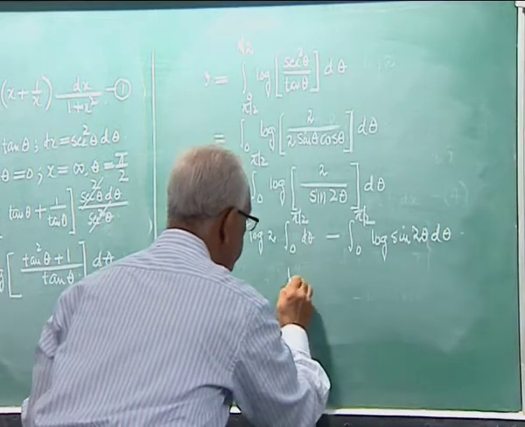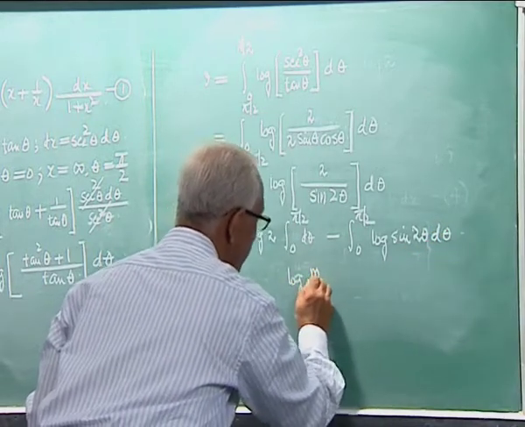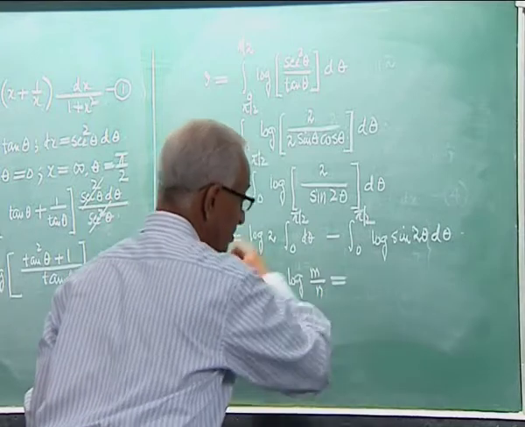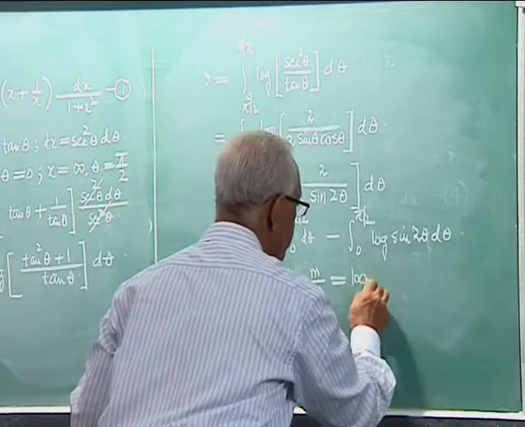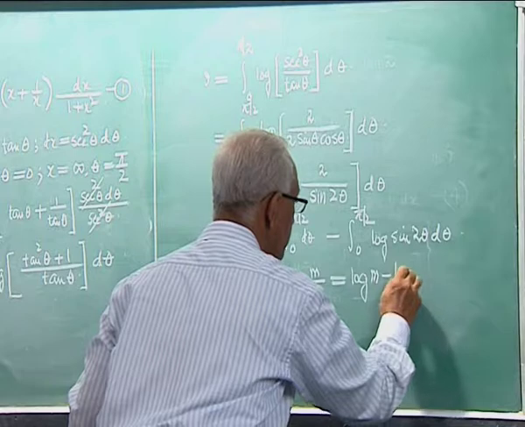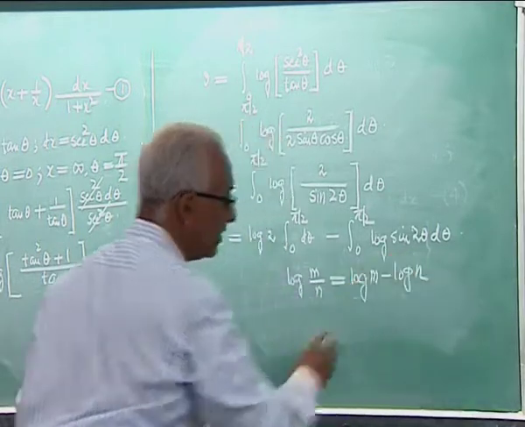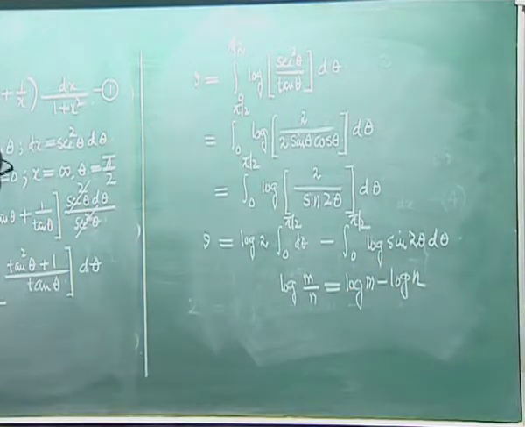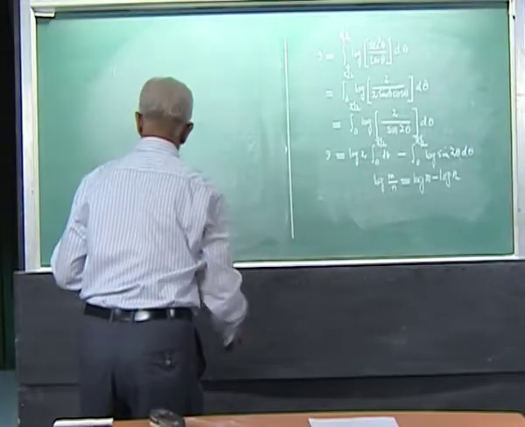I have used the formula log of m upon n, that was in the previous exercise also, is log of m minus log of n, which we all know and is very easy to understand. Now what I have is a very simple thing, log 2 and all that.